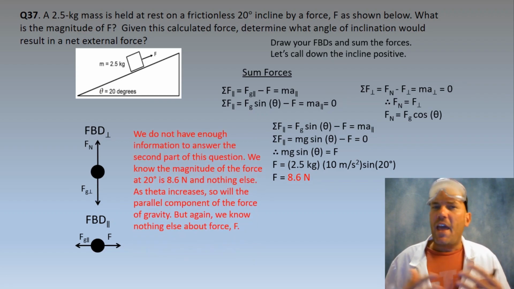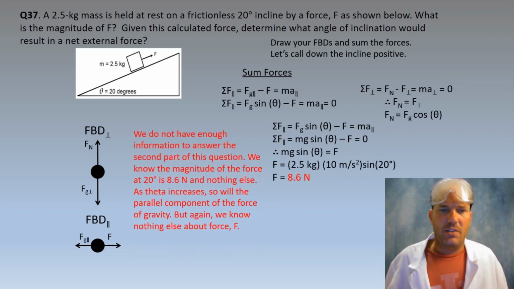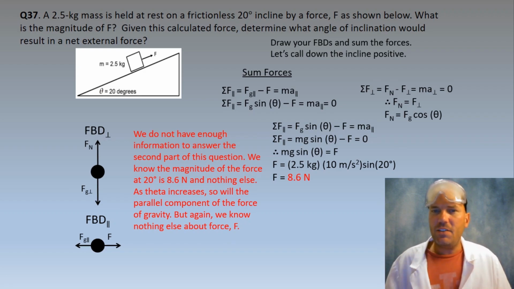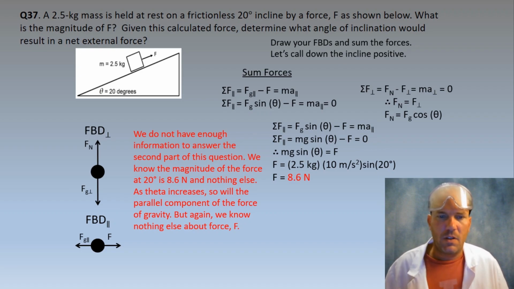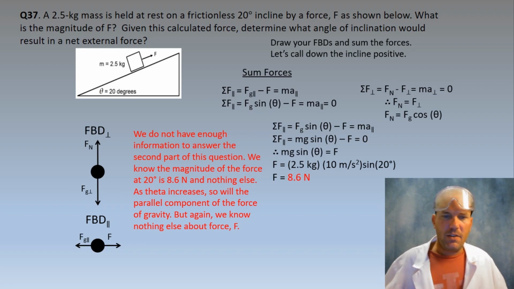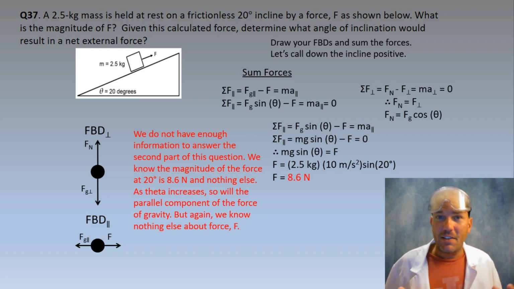We cannot answer this. We have calculated the magnitude of the force as 8.6 newtons. We know nothing else. Even as theta increases, we know the parallel component of the force of gravity will also increase. Yes, that makes sense.